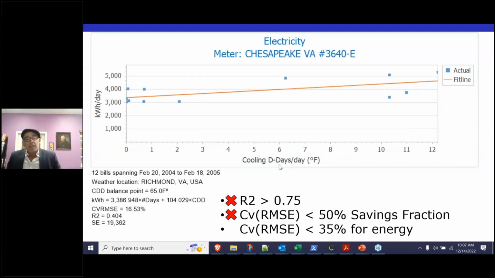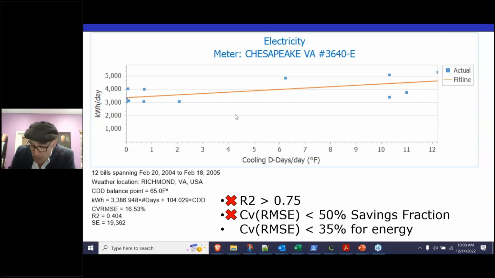Here is a fit that's not very good, actually. You can see as it gets warmer, they do use more, so there is a trend, but there's a lot of scatter around the fit line. Down here, you can see the CVRMSE is 16.53.